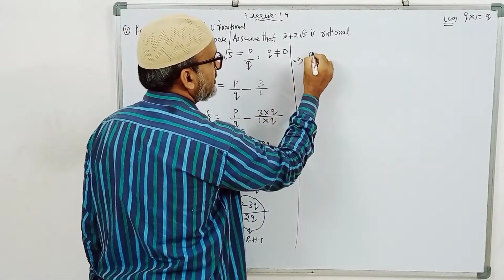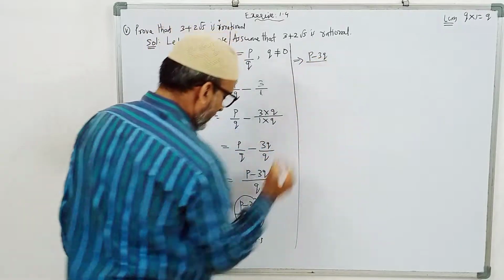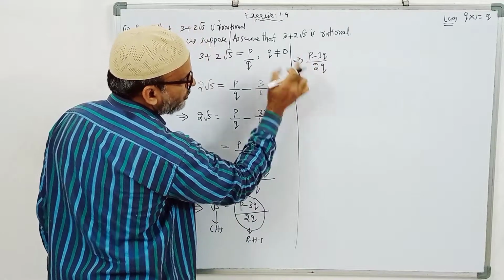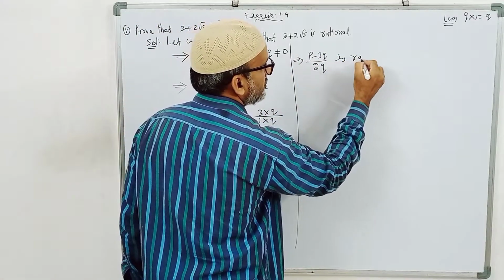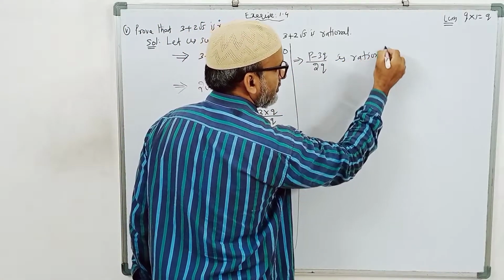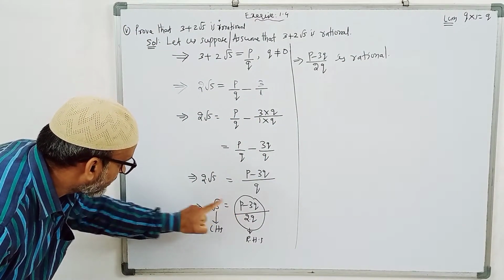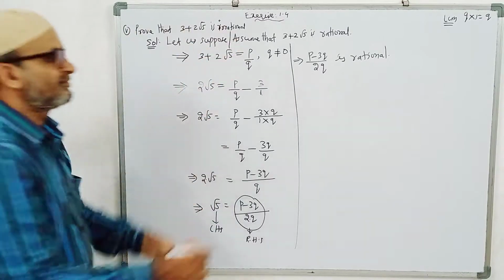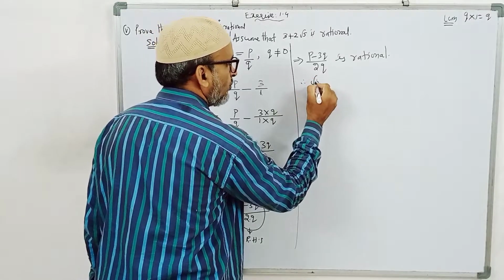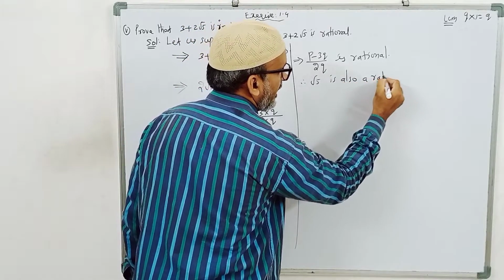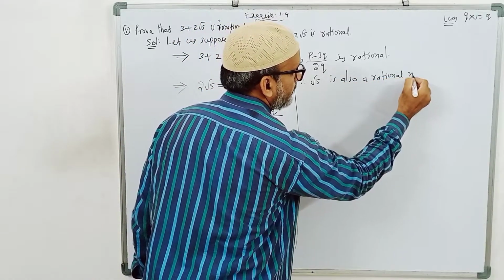P minus 3Q by 2Q is in the form of P by Q, so it is rational. This is rational, and so this is also rational. Therefore, root 5 is also a rational number.